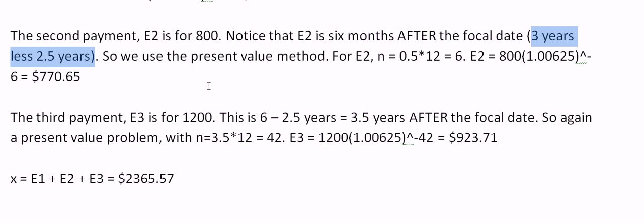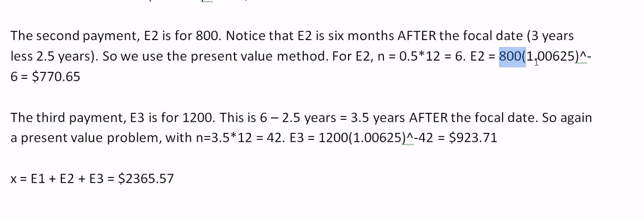Now when you are standing at the focal date, that payment is in the future, it's after the focal date. So we are calculating everything at the focal date, so therefore we use the present value method. n, therefore, for this question is a half, because it's half a year, times 12, which equals 6.